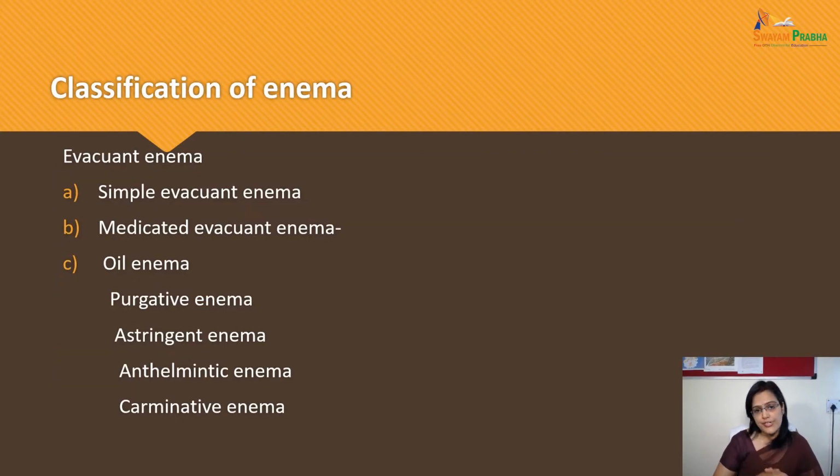Now, moving to the classification of enema: evacuant enema, which can be classified in two ways, simple and medicated, and cold enema. Under medicated evacuant enema, we can describe oil enema, purgative, anthelmintic, and carminative enema.